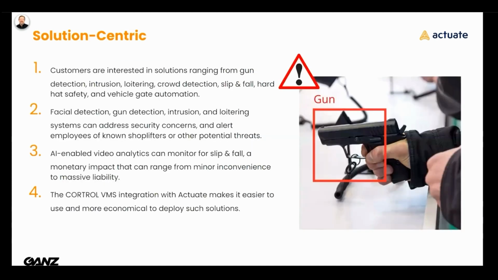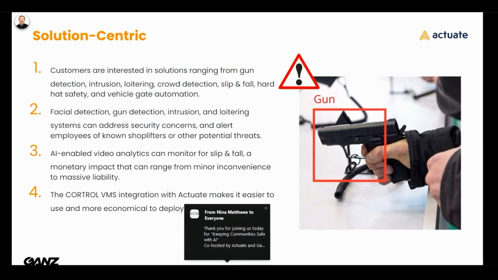So the two together bring a solution-centric approach. In terms of consumer interest, solutions may range from gun detection, intrusion, loitering, crowd detection, slip and fall, hard hat safety, and vehicle gate automation.